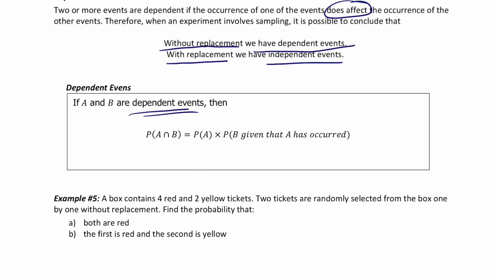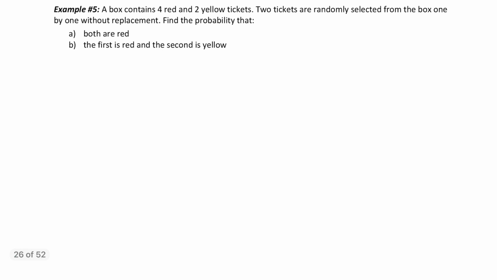Okay, so let's try to apply this formula to a case so we have a better understanding of the formula. So example number 5, we have a box that contains 4 red, 2 yellow tickets. 2 tickets are randomly selected from the box one by one without replacement. Find the probability that A, both are red, and B, the first is red and the second is yellow, right?